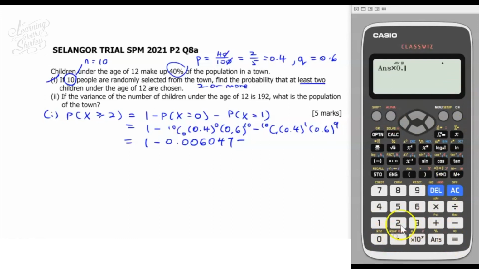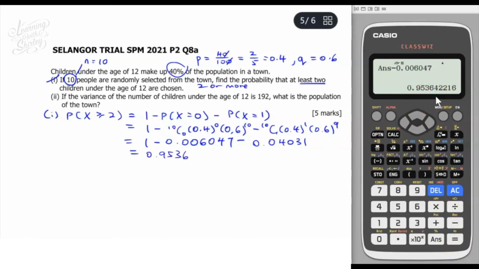Then times 0.4, then times the bracket 0.6 close bracket power 9, and you will get 0.04031. Then 1 minus the answer just now, then minus 0.006047. So you will get 0.9536. Just round up to 4 decimal places. Then this is the answer.